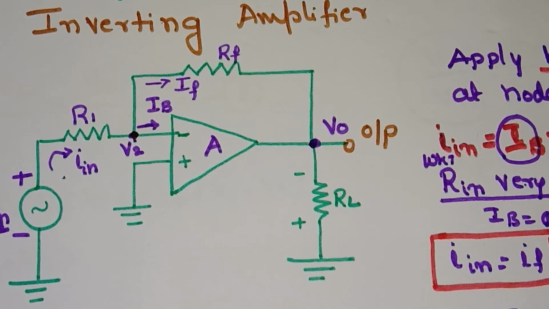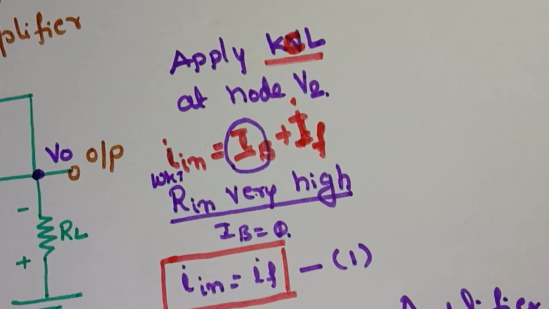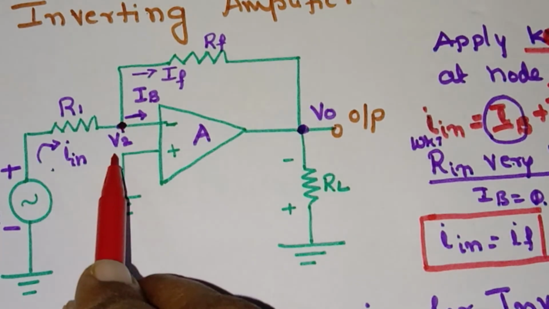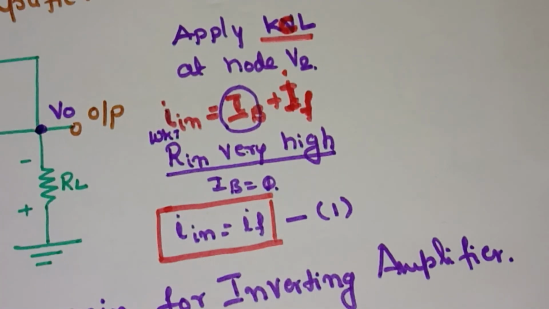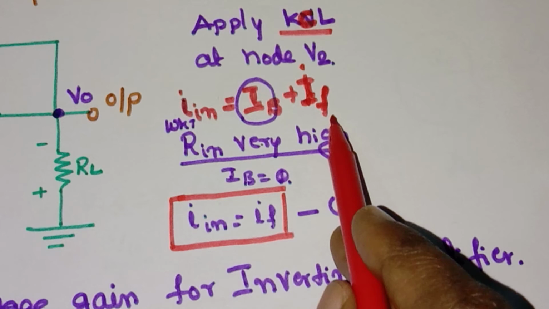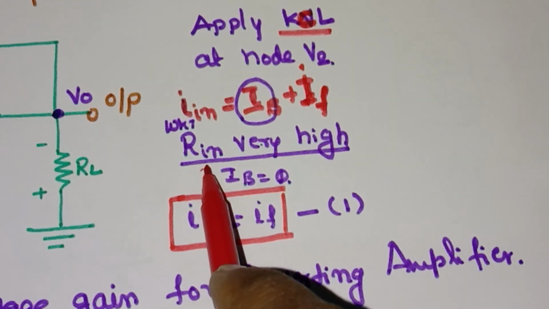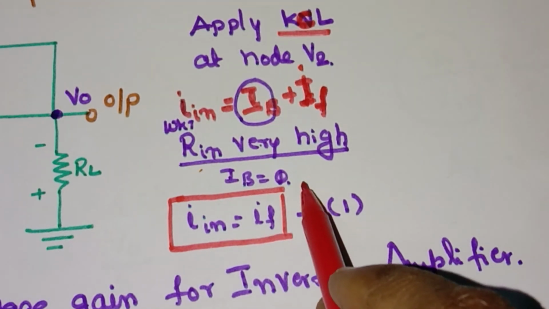To calculate the closed loop voltage gain for the given circuit, we have to apply KVL at the node V2. After applying KVL at the node V2, we get Iin is equal to IB plus IF. As we know that the input resistance of the inverting amplifier is very high, the bias current is equal to 0.